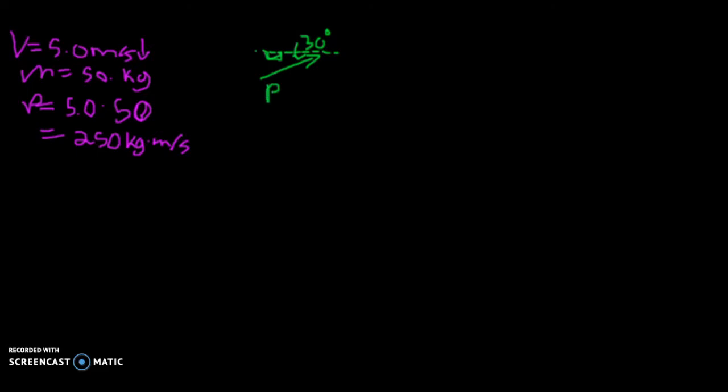P at y for Buttercup would equal sine 30 times 5 meters per second, which is the hypotenuse, using our trig knowledge, by her mass, which is 50. So Buttercup's momentum in the y is 125 kilograms times meters per second. And of course with sig figs, it becomes 130 kilograms times meters per second.